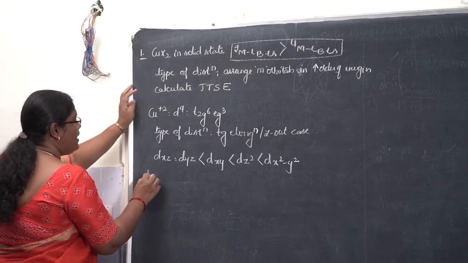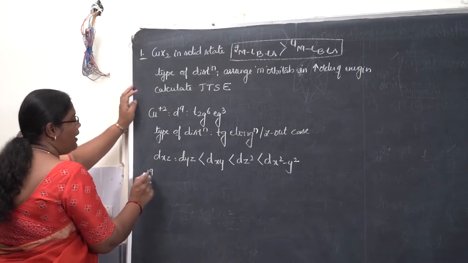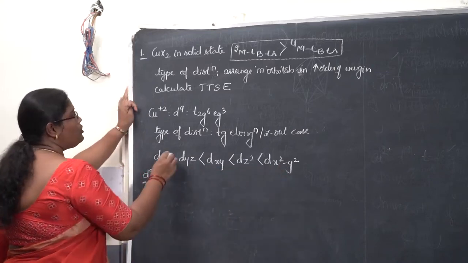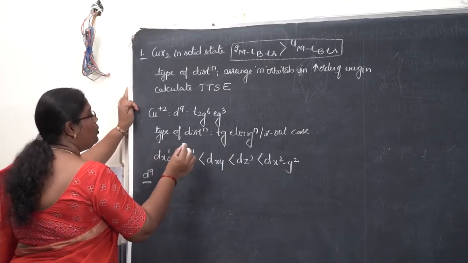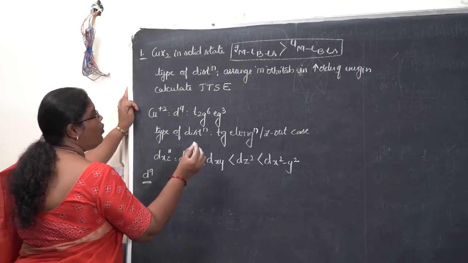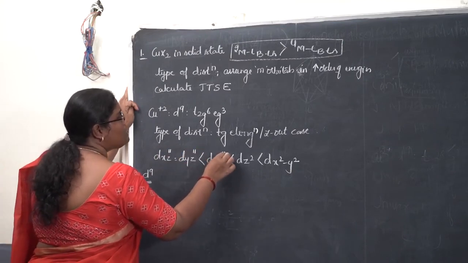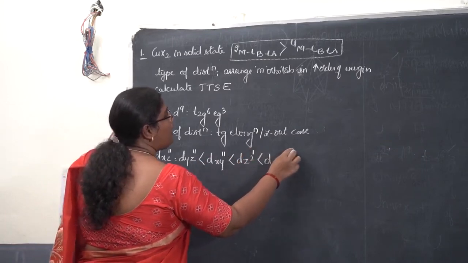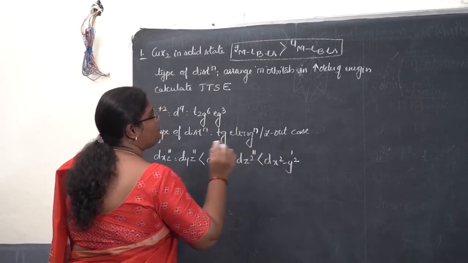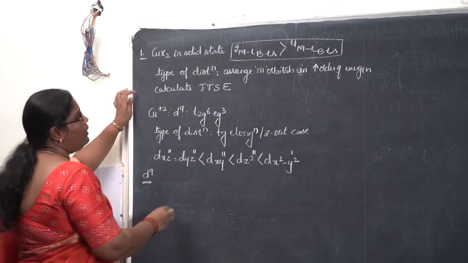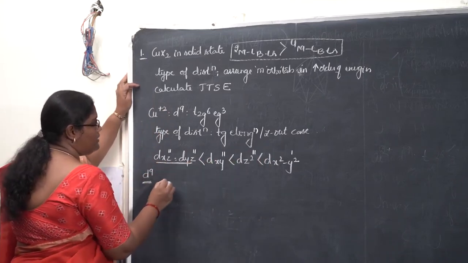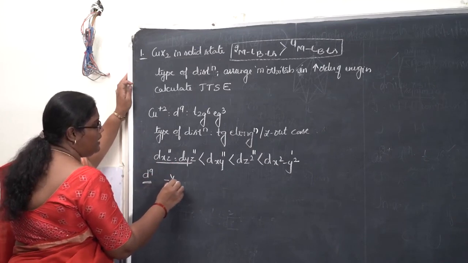So copper is d9 system. Arrange the 9 electrons in these orbitals. So that is 1, 2, 3, 4, 5, 6, then 7, 8 and 9. So now here, for dxz and dyz, what is the stabilization energy?